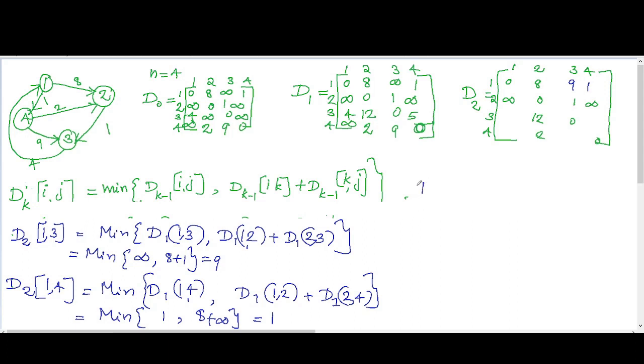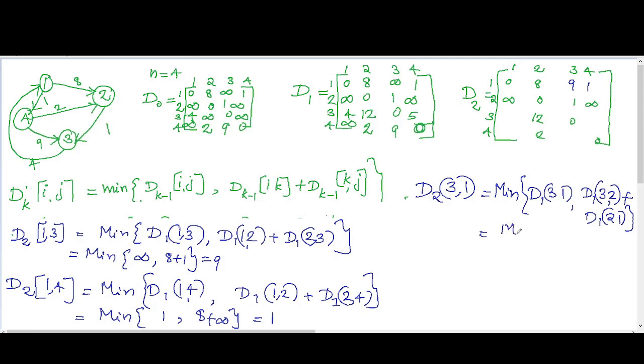Next, D2 of 3, 1. D2 of 3, 1 is equal to the minimum of D1 of 3, 1 and D1 of 3, 2 plus D1 of 2, 1. So that is equal to the minimum of 4 and 12 plus infinity.